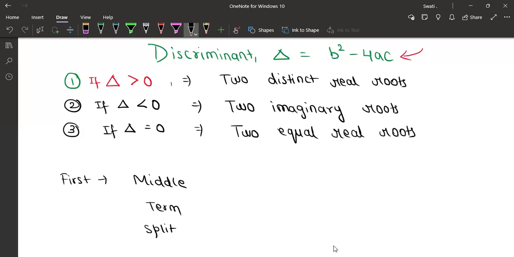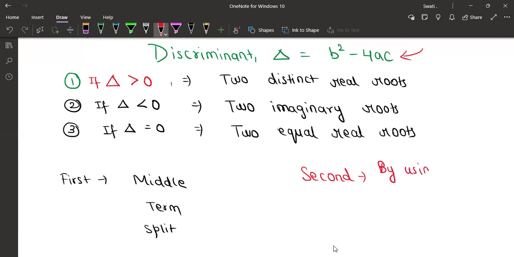I'll make a separate video for that, and I'm going to help you understand it so properly that there will be no doubt. Earlier, when I started solving quadratic equations using middle term split, I used to find it so difficult. But somehow I understood it, and then I practiced a lot of questions, and now it's very, very clear. The second method is using the quadratic formula.